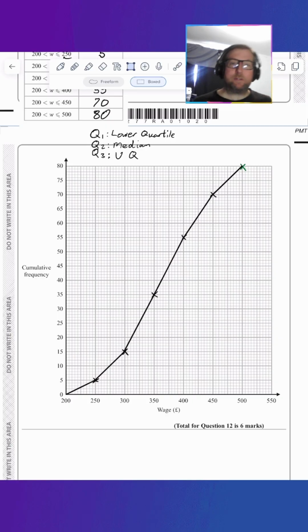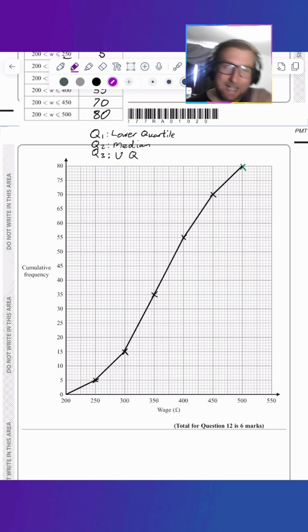And those are the values that are quite useful because we often aren't as interested in the extreme values at the top and the extreme values at the bottom. We're often more interested in the middle part of the data. So that's what this does. It chops the data into 4 sections, and the middle section is like where most people lie.